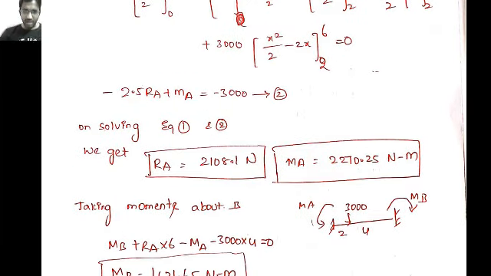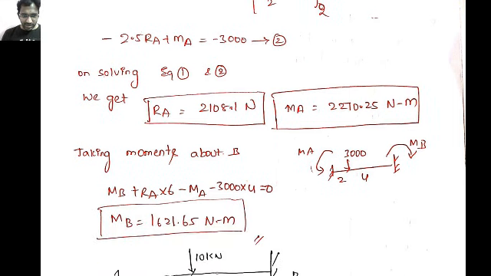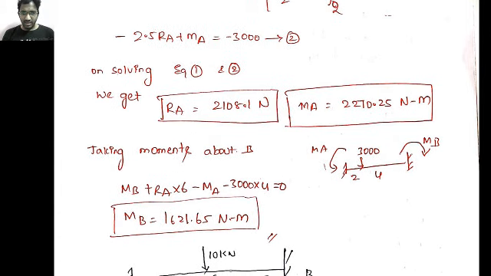What about MB? How to get the MB value? Here I have written, take the moments at the point B. If you take the moments at this point, MB is clockwise, plus RA into the perpendicular distance, 6 being the entire distance.